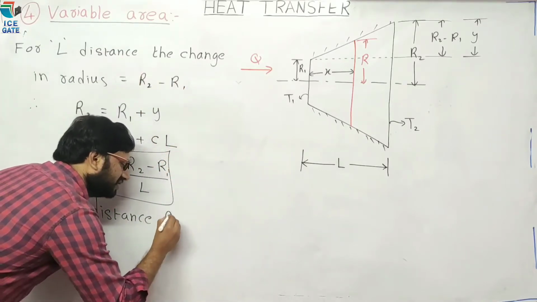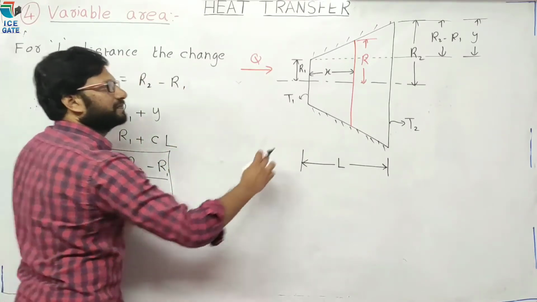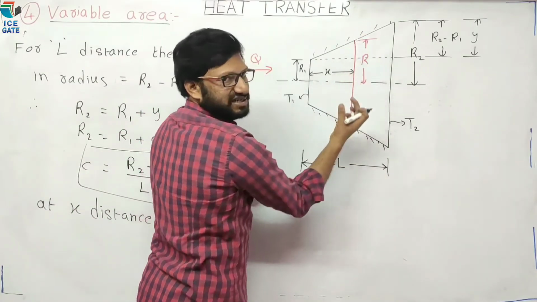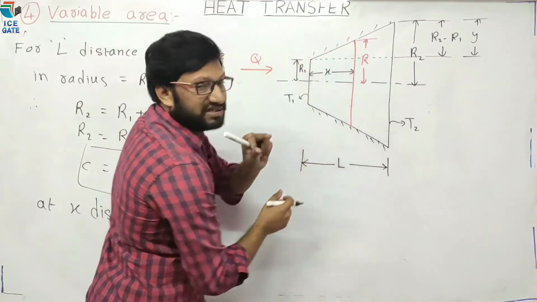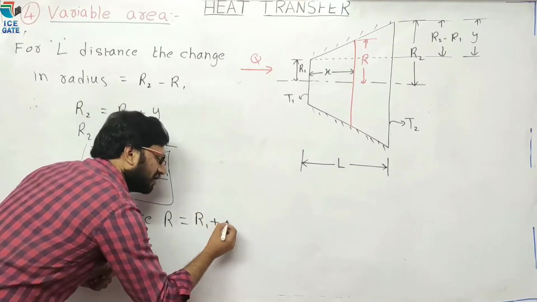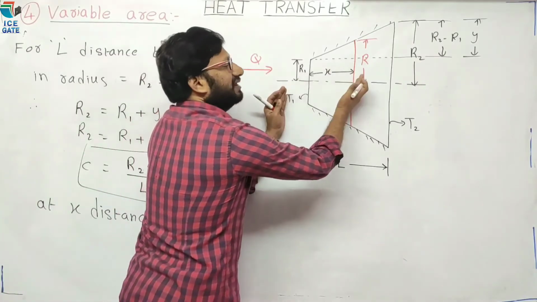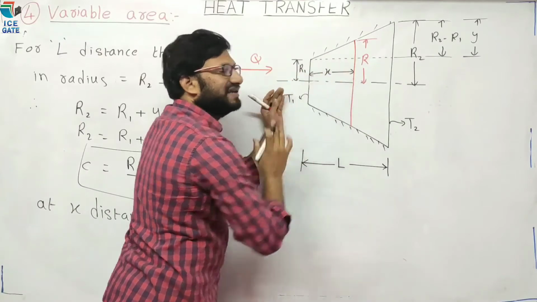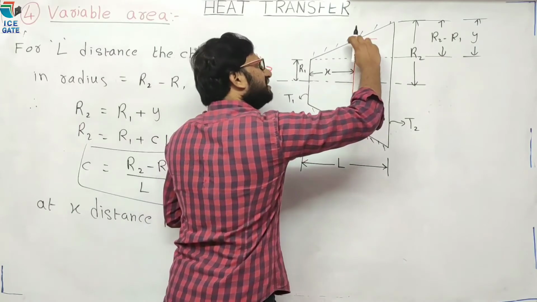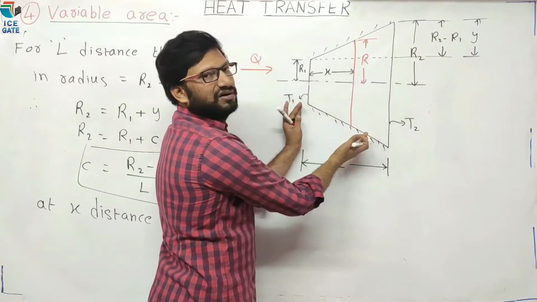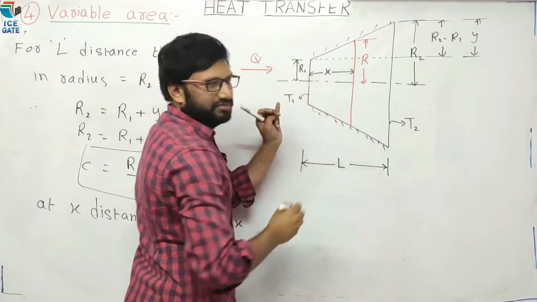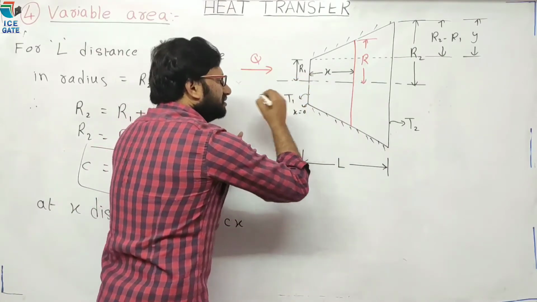At x distance, the radius is equal to r1 plus this distance. Now r is equal to r1 plus constant into length. What is the distance? That is x. Now r is equal to r1 plus c x, because the change in radius is with respect to distance from r1, where x is equal to 0.